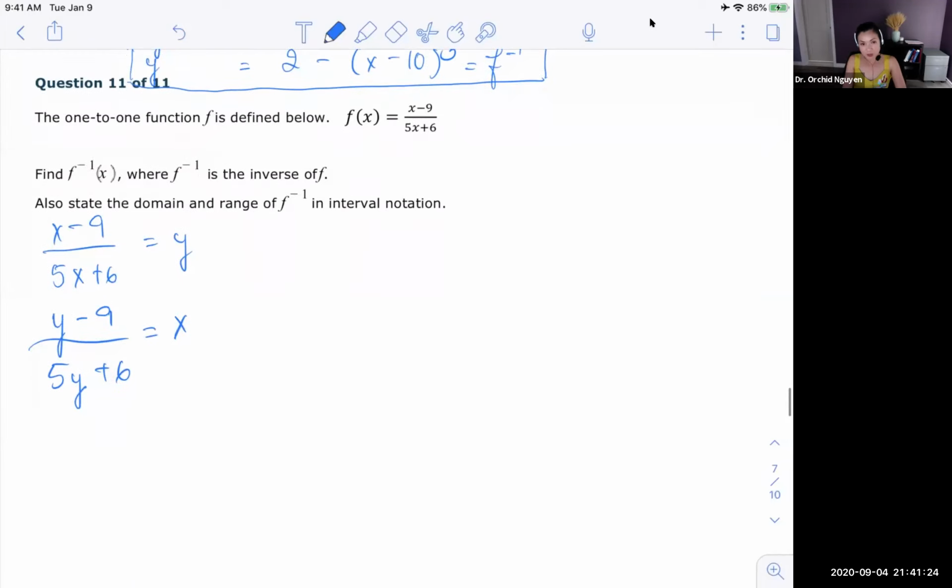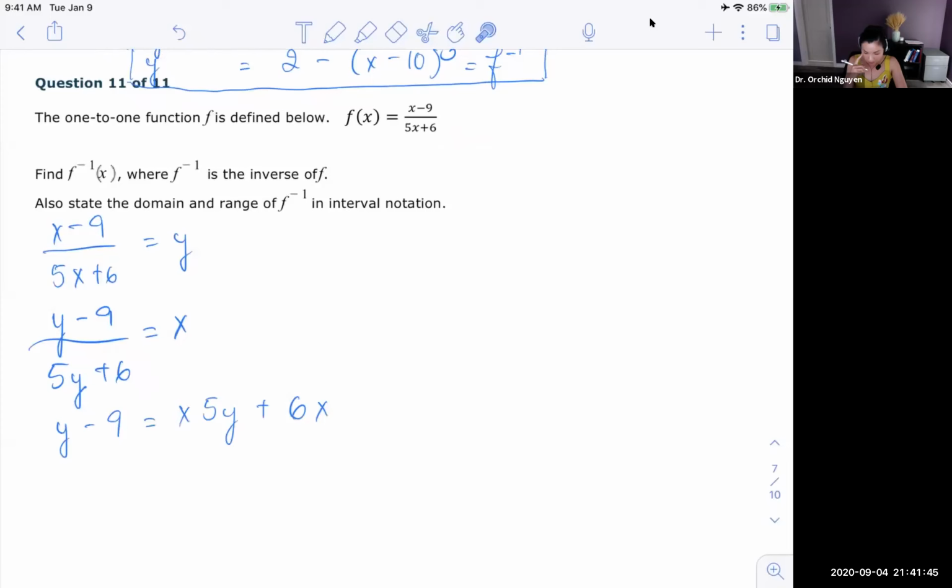Now you see that we have a fraction, so I would just get rid of the fraction by multiplying the denominator up. So I'm going to have (y minus 9) times x, equals 5y plus 6x. So I pretty much just take this and multiply it.